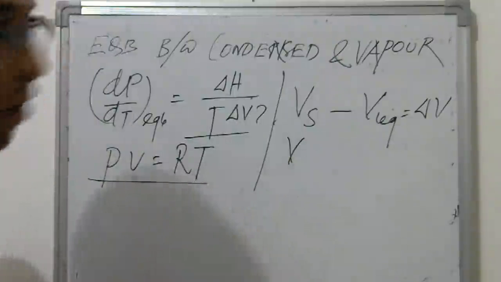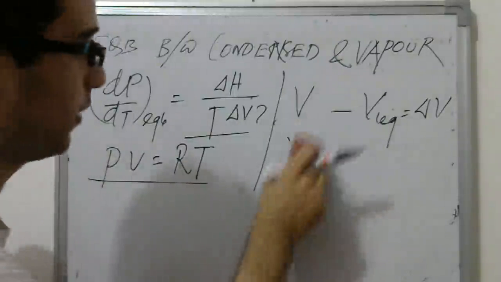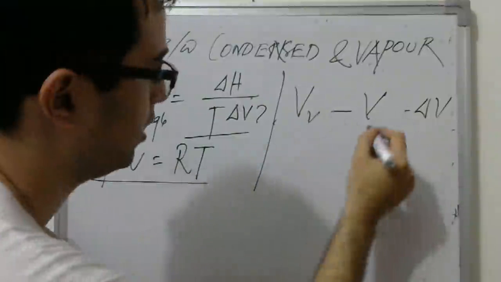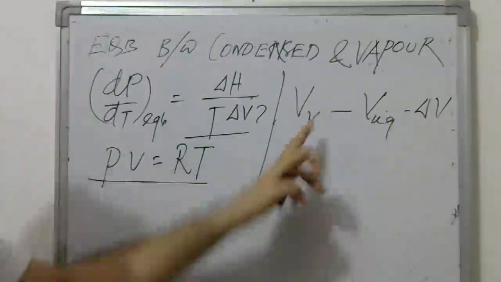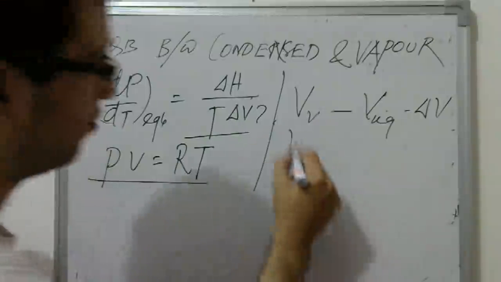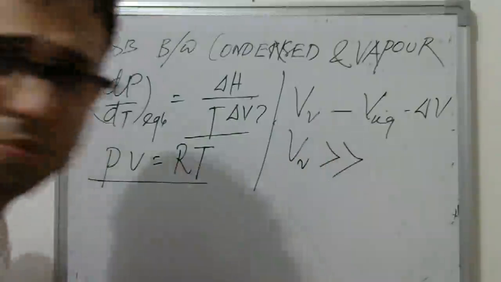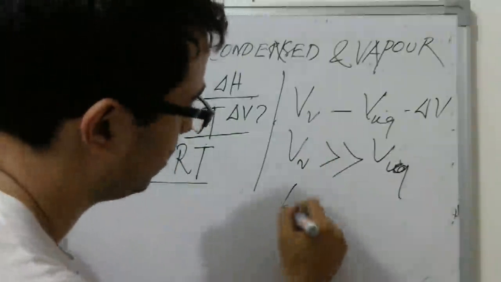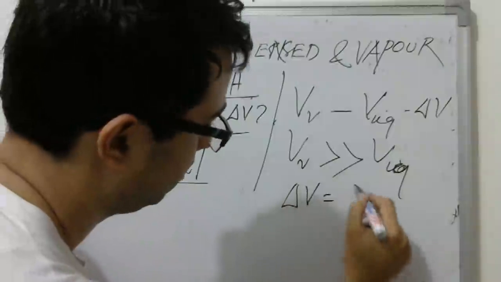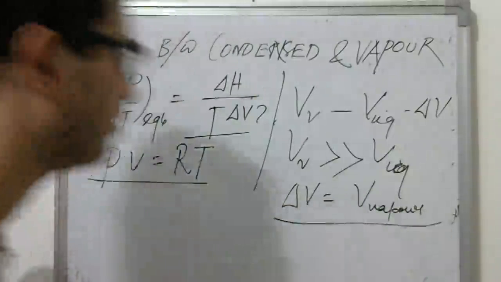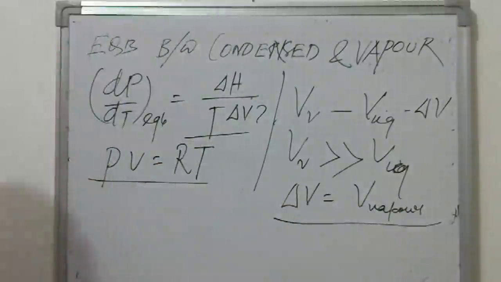So for a condensed and vapor phase, it's a liquid to vapor, V vapor minus V liquid. This V vapor, the volume of the vapor, is much higher than the volume of the liquid. So delta V can be written as V vapor. These are important substitutions. You should know this.